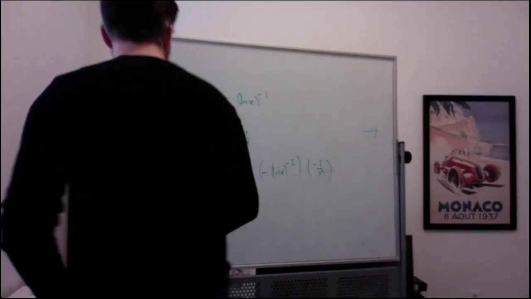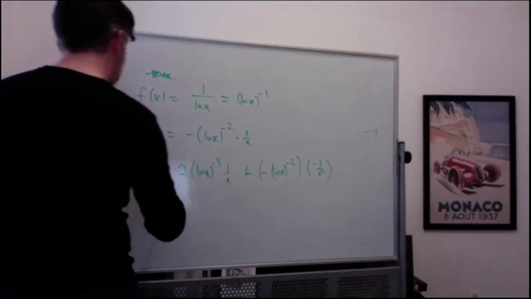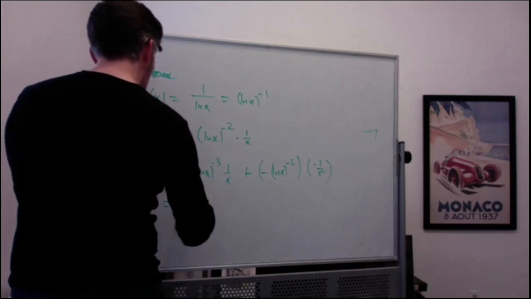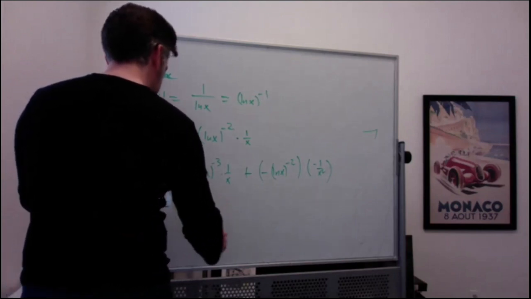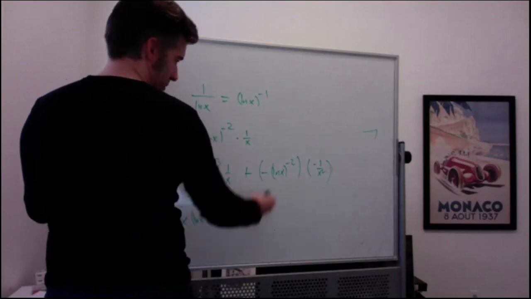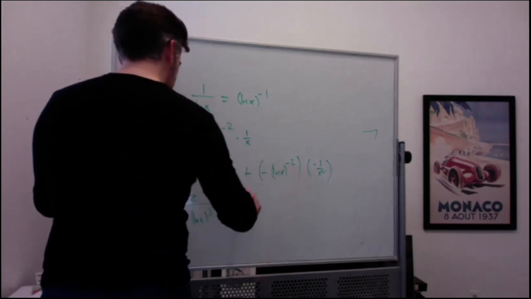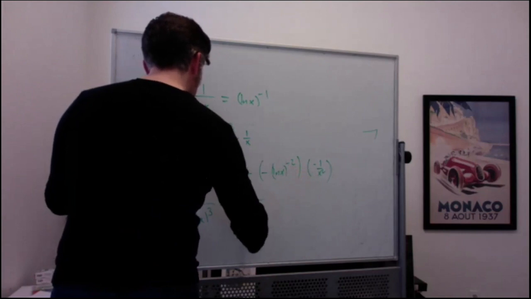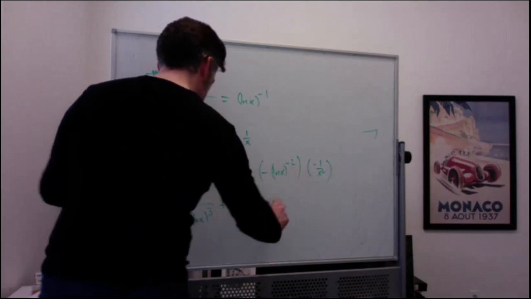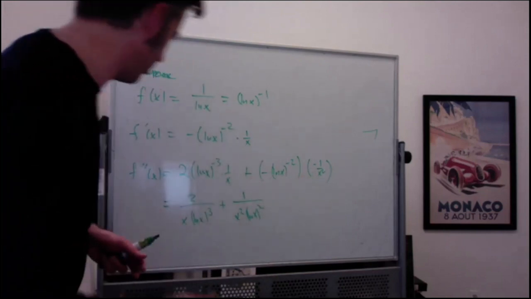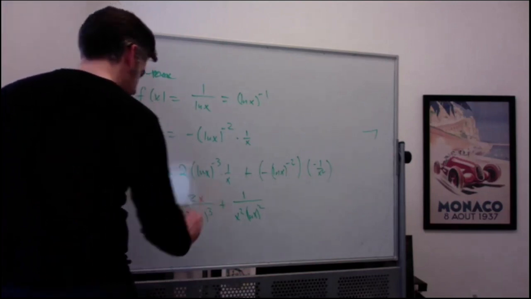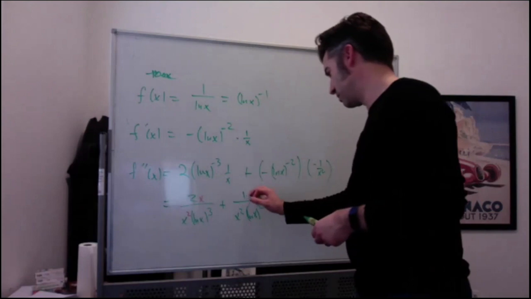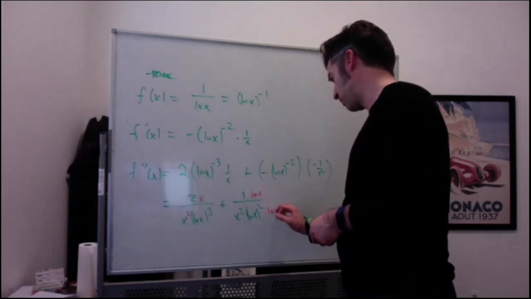Let's rewrite this. This is 2 over x times the natural log of x cubed, plus 1 over x squared times the natural log of x squared. So I get a common denominator by multiplying this by x over x, and this by natural log of x over natural log of x.